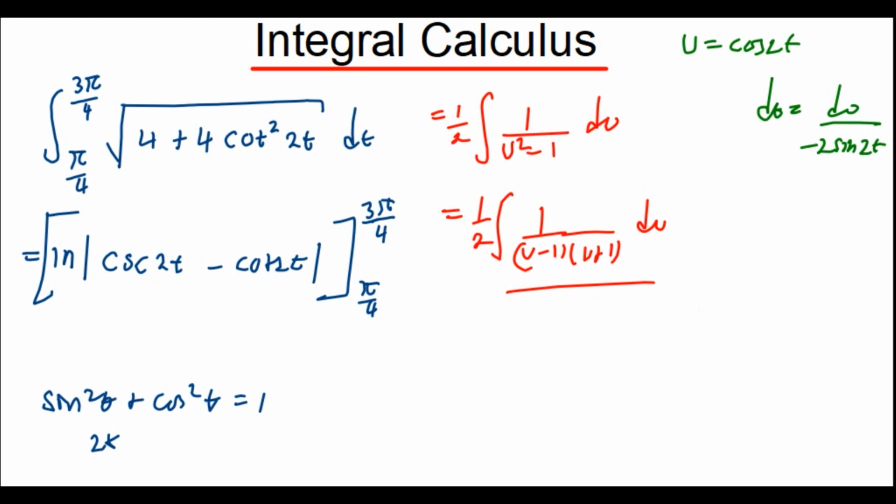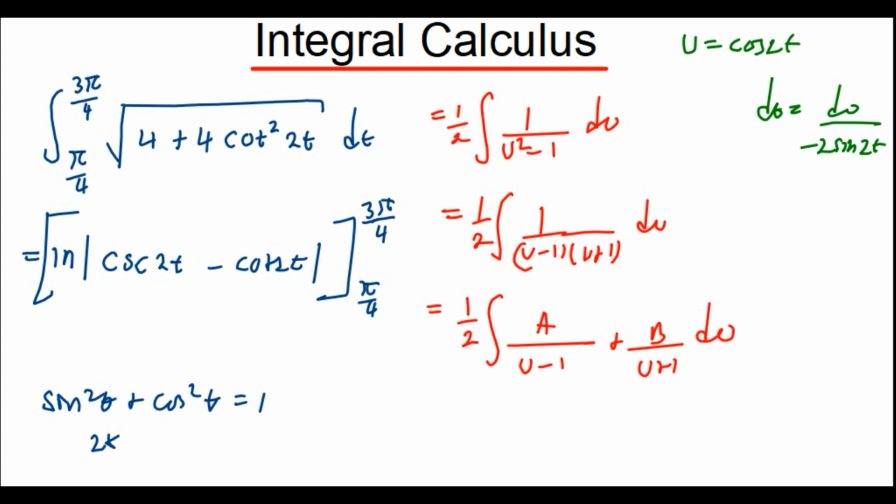So you can write this as 1 over 2, then integral of a over u minus 1 plus b over u plus 1 du. Then you just go ahead and complete that one. It's going to take you back to this one.